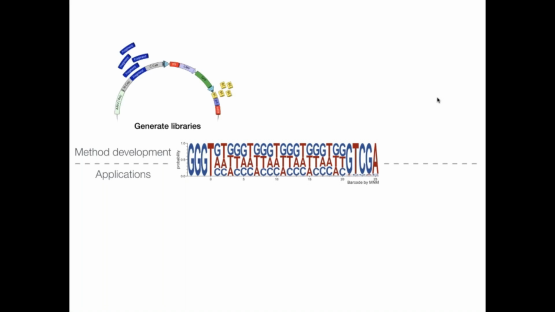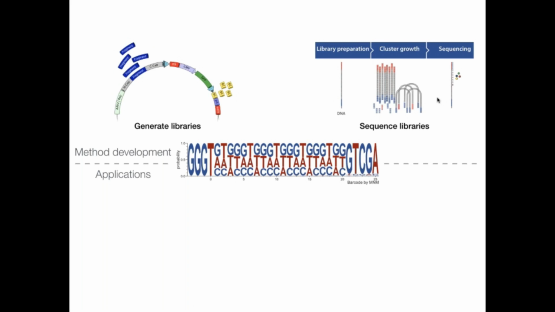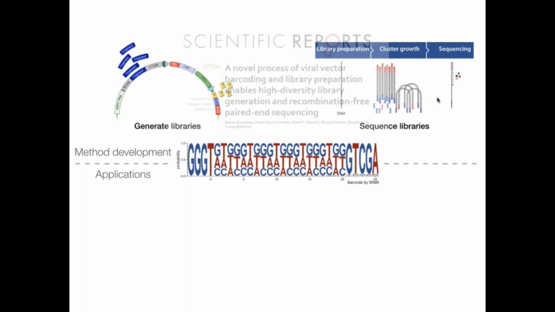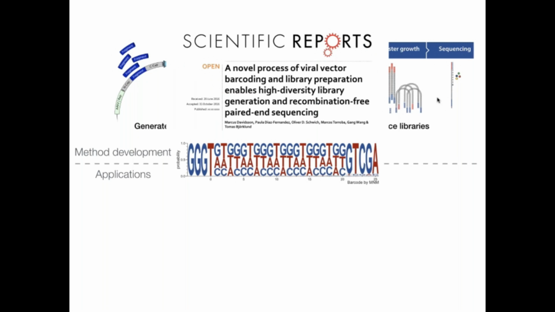So my background is in DNA barcoding, and I've worked in two different approaches here. One is the method development side, and one is the application of these methods we have developed. So for the methods, we have worked a lot with how to generate barcoded libraries and how to sequence these libraries, a task that is not as easy as it seems, and this resulted in a publication in Scientific Reports.